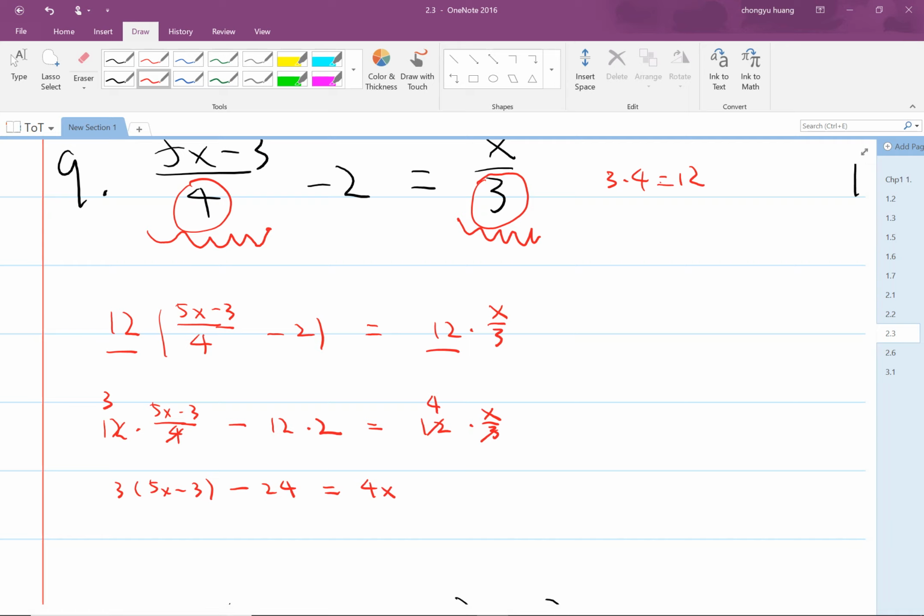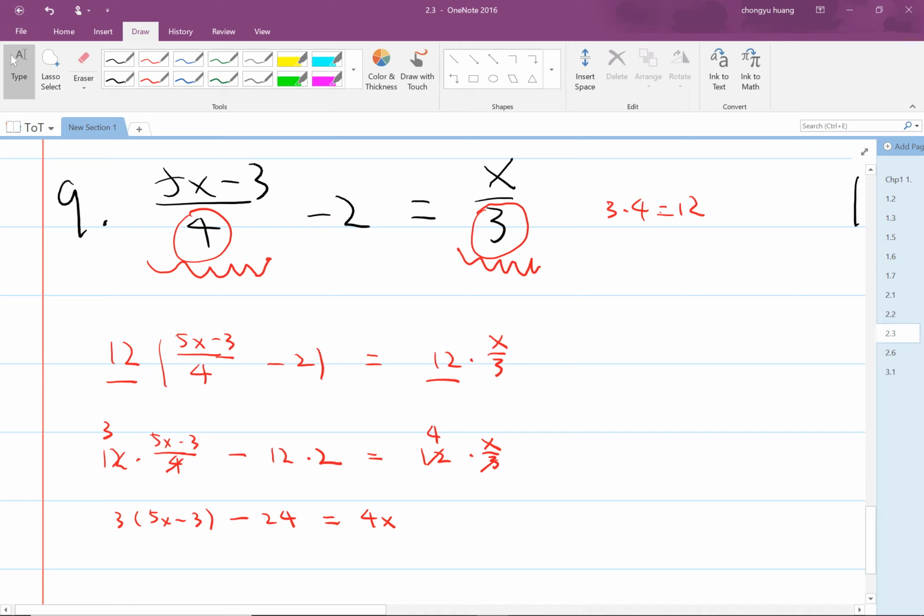Now we are actually able to solve it. So I think you guys do understand why we actually have to multiply both sides by 12, right? We want to get rid of the denominators 4 and 3.